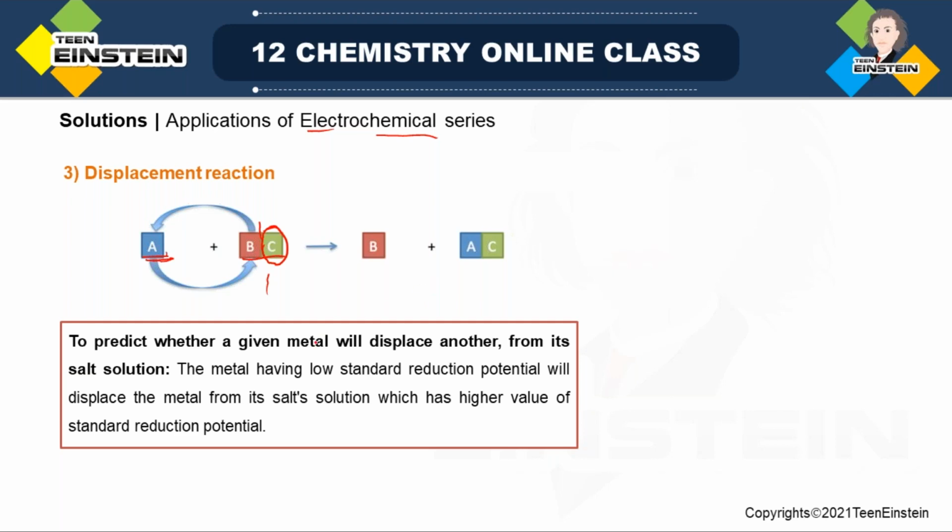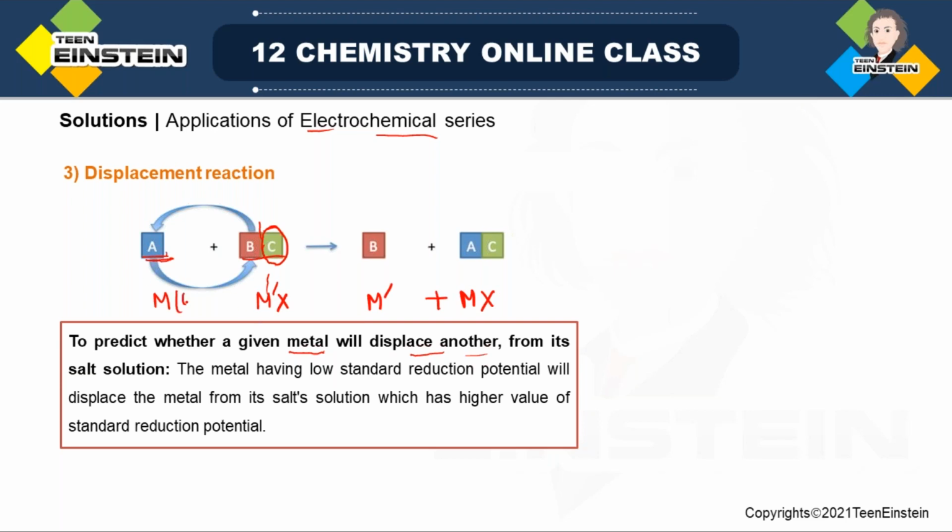So how do we predict whether a given metal will displace another metal from its salt solution? Suppose we have a metal M and another compound M prime X. In the product we will get M prime and MX. So this is an example of a displacement reaction.